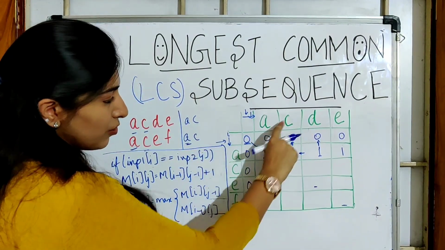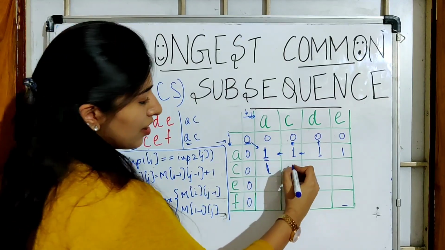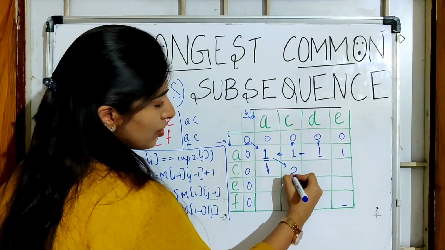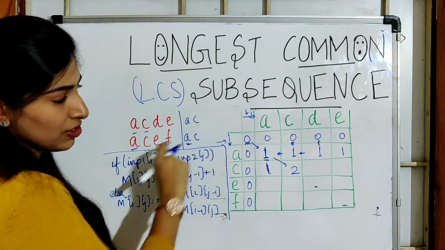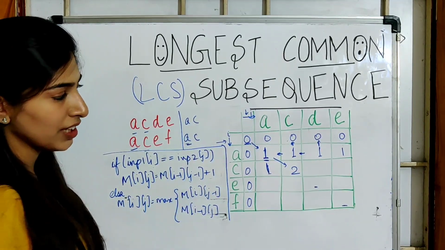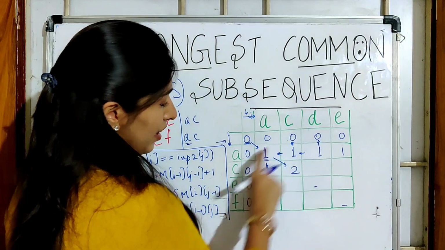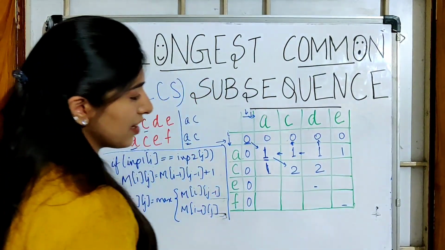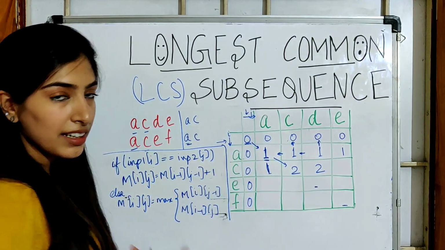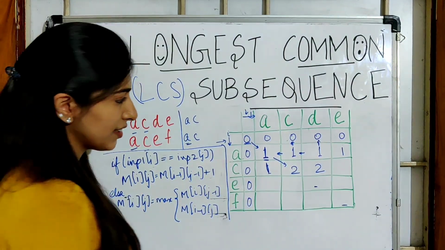So now we will add 1 to our answer, that will be 1 plus 1, 2. Obviously the longest common subsequence over here is 2. So this formula worked, correct. Again this C and D are not equal. So the maximum of these two, which is 2. What is the LCS for ACD and AC? It is AC. So length 2 works, correct.